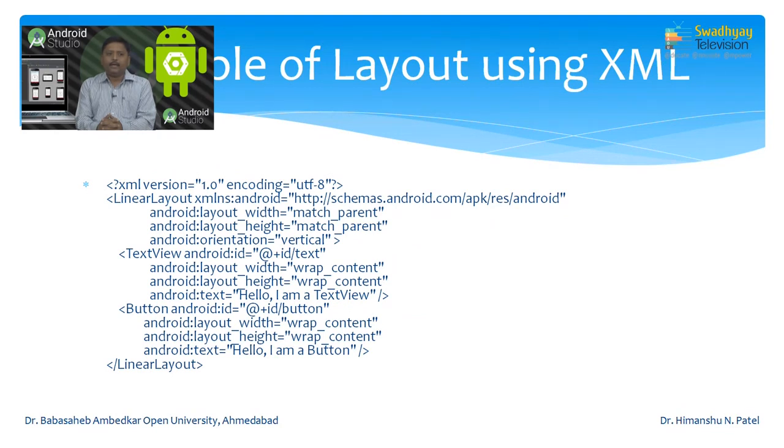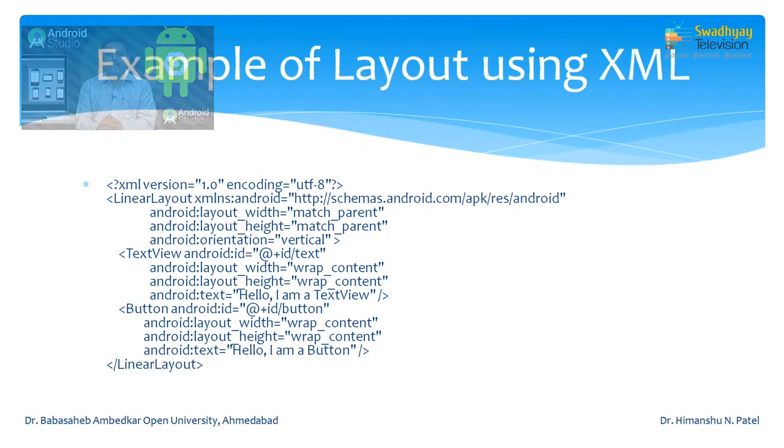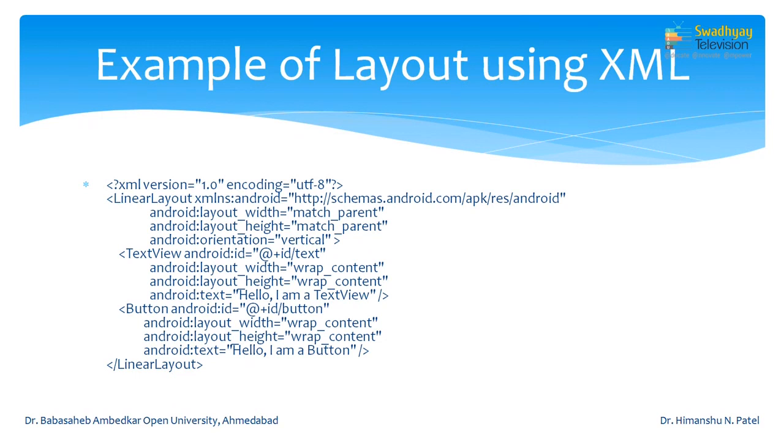You can see the next element is a text view. The first attribute of this text view is an ID, which is specified by @id/text. So, your text view name is text, then you define the width, height and text for the text view. Next you define one button with ID button, and you specify the width and height as well as a caption for the button, which is "hello I am button".